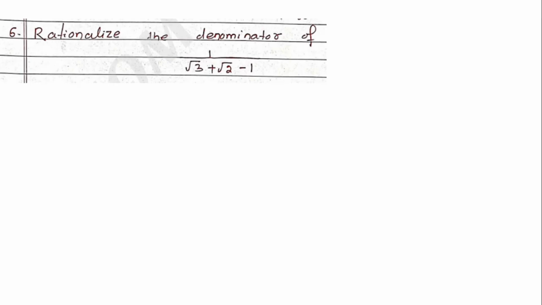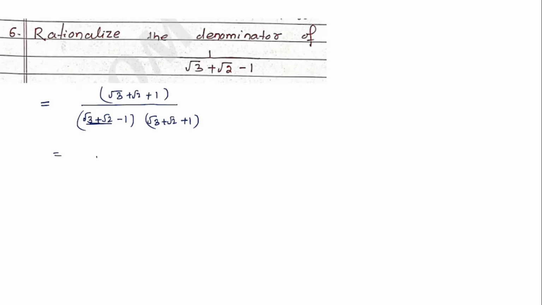Rationalize the denominator. Okay, this is an important question, how to solve. First we take root 3 plus root 2 as a, and with minus we multiply by plus, that is root 3 plus root 2 plus 1. Now multiply the numerator, that is root 3 plus root 2 plus 1.